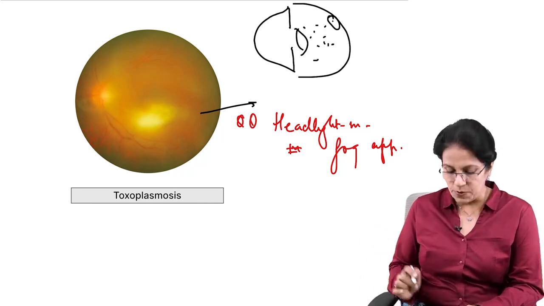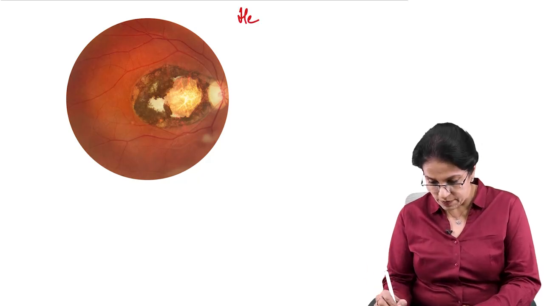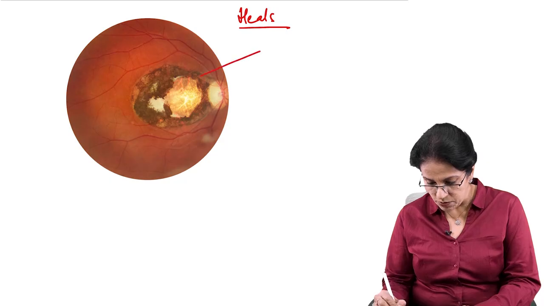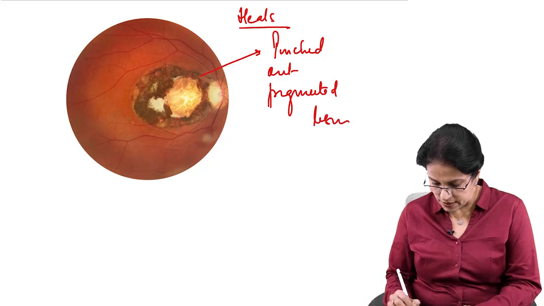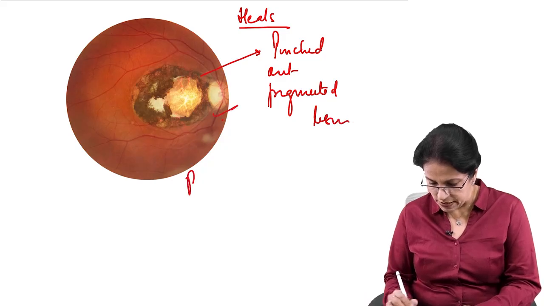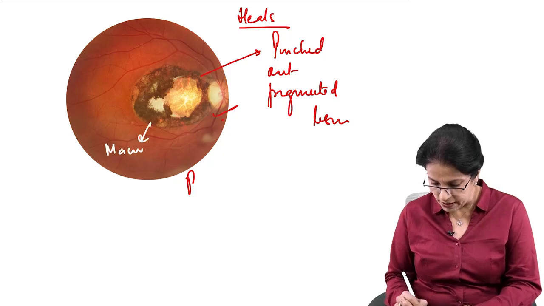Now this toxoplasmosis mainly affects the macular area. That is the active stage, but when it heals, it leads to punched out pigmented lesions. This is the optic disc, this is the macular area. So it predominantly involves the macular area.